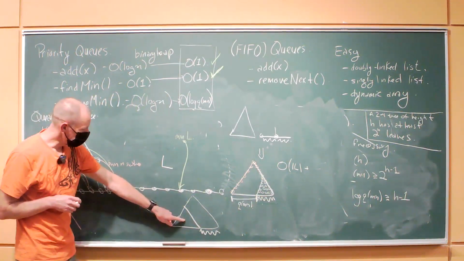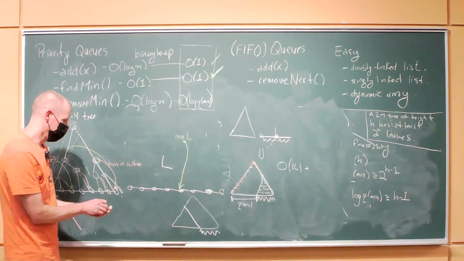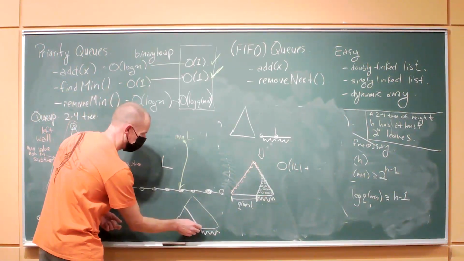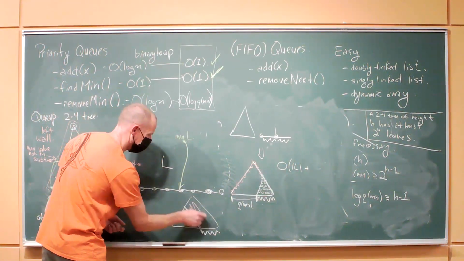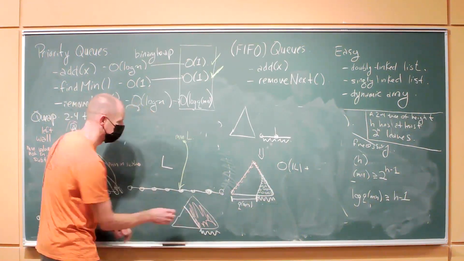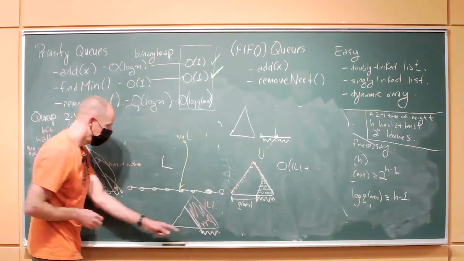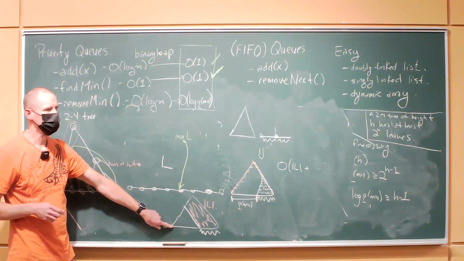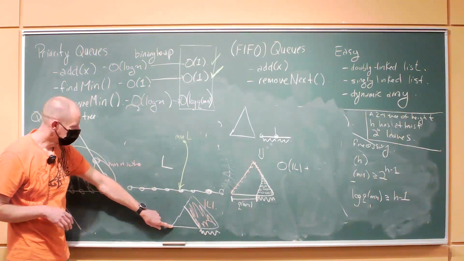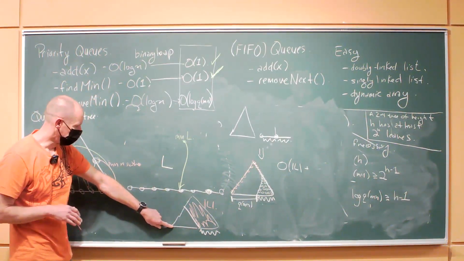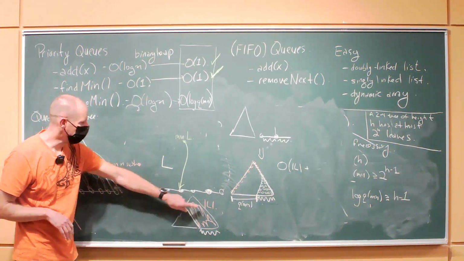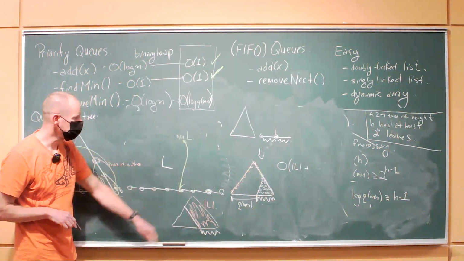So in the first case, it's not a problem because you filled in all of this, which is just proportional to the length of the list. And then this thing is tiny. This is just a log of whatever, log of that. So it's going to be dominated by the size of the list.